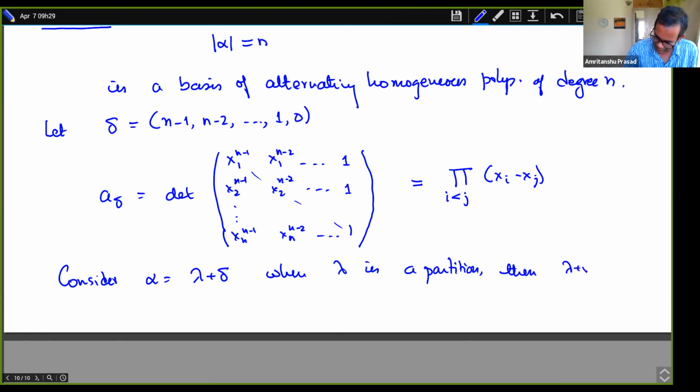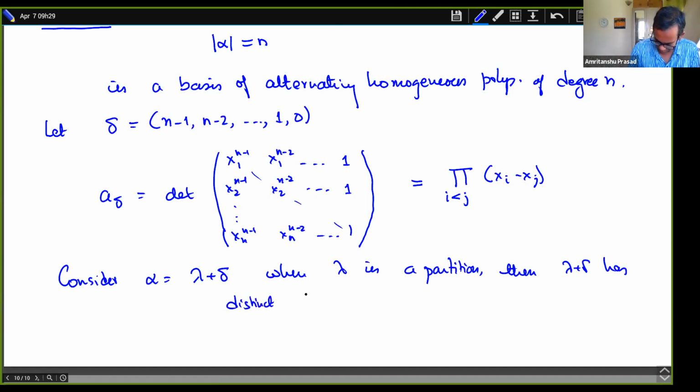Lambda plus delta has distinct parts because lambda is already weakly decreasing and we're adding to it this vector which is strictly decreasing. The sum will be strictly decreasing. And so A lambda plus delta is non-zero. And again, since it's alternating, it's divisible by A delta.